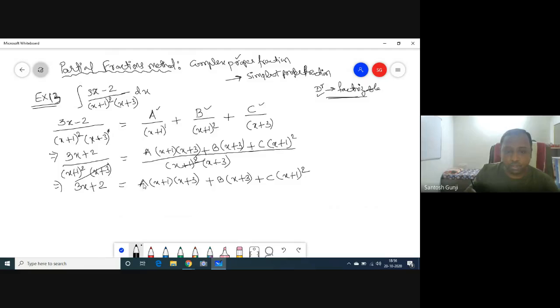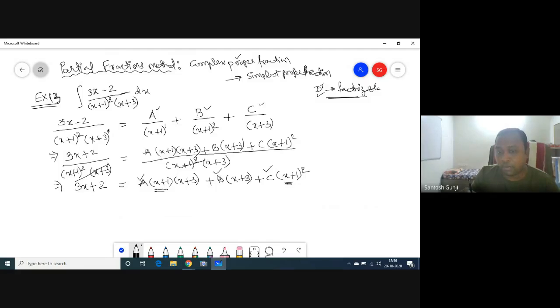Now our purpose is to find A, B, and C by substituting values of x on both sides. So which x has to be taken? That you can think. If I substitute x equal to minus 1, then ultimately this goes to 0 and this goes to 0, meaning A and C will be eliminated.